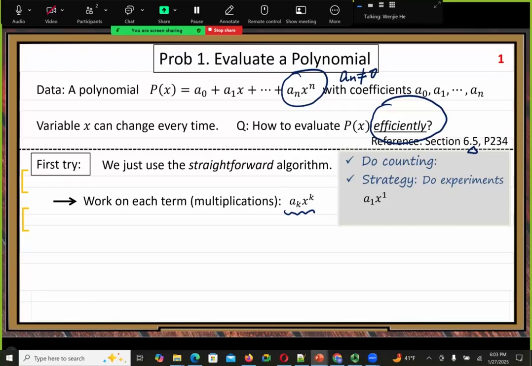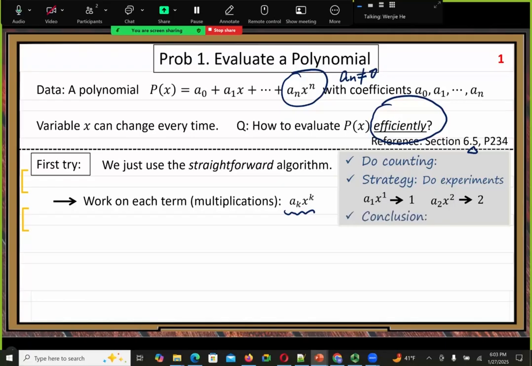One multiplication, right? a1 times x. That's the only one you need to do. Then let's try another experiment. When k equals 2, how many multiplications do you need? Two. Simple, right?